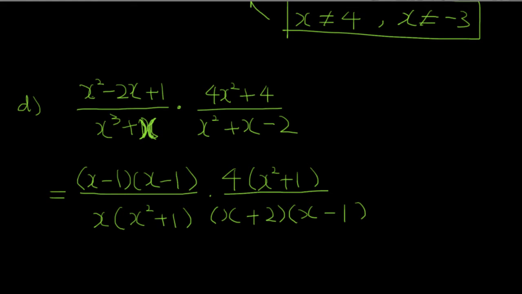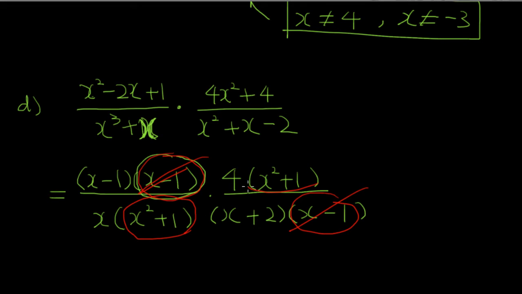Okay, now let's identify the common factor. First, see this, oops, I want the red color. See this and this are the same, so we cancel that and cancel that. And this with this are the same, so cancel that, cancel that.